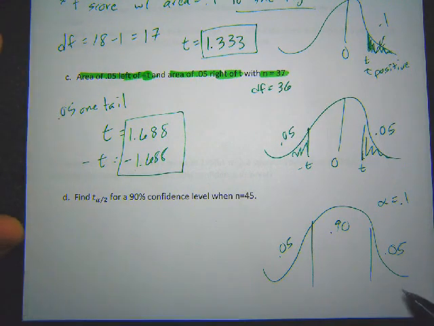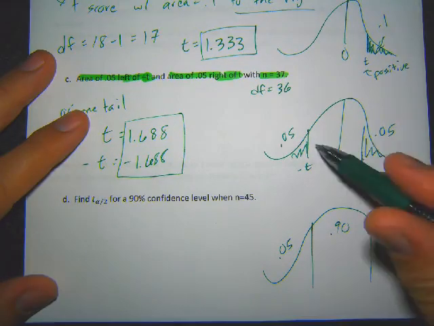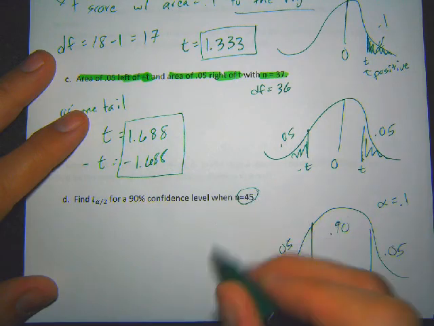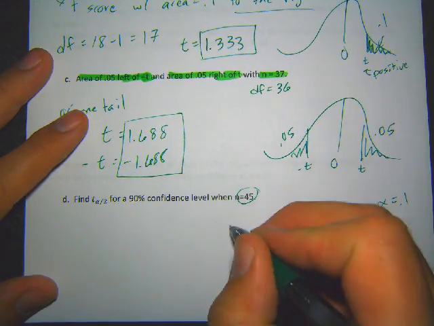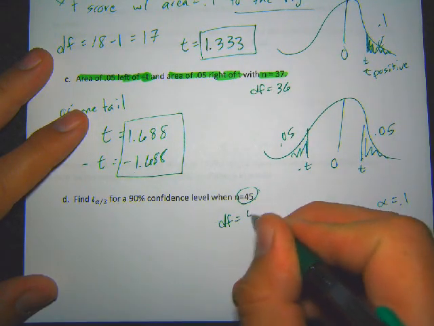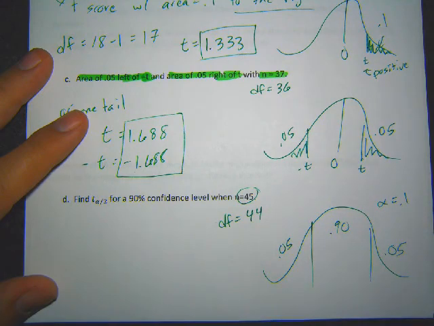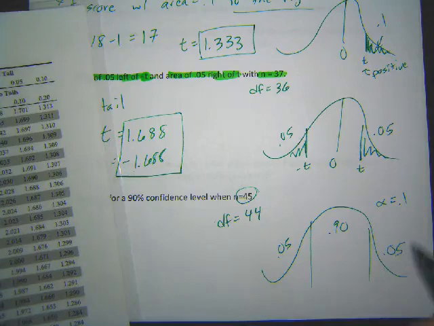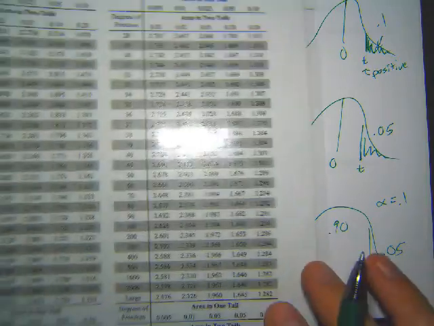So this one is actually very similar, right? The same 0.05, 0.05. The difference here is now the degrees of freedom are changed because the sample size changed. This sample size is 45, so the degrees of freedom of this one would be 44. So I go to my chart and say, okay, I'm doing 0.05 again, because that's the same. So I'm doing degrees of freedom 44.